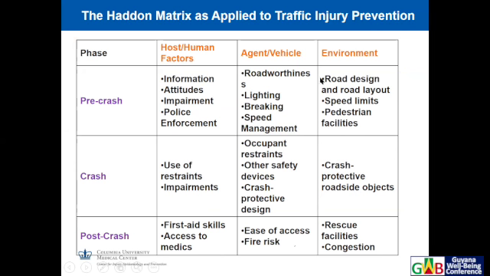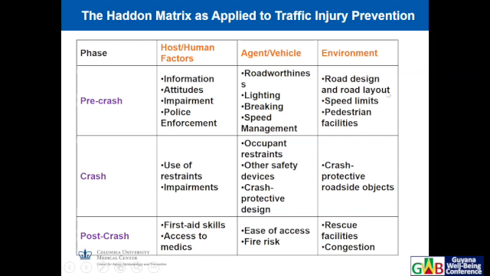As you can see, almost every cell in this matrix could add a different sort of prevention strategy. Like at the crash stage, the crashworthiness and protective roadside objects and so on, between environment and crash, have been major interventions in highway transportation engineering.